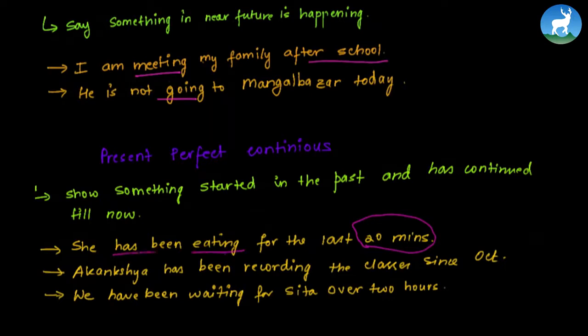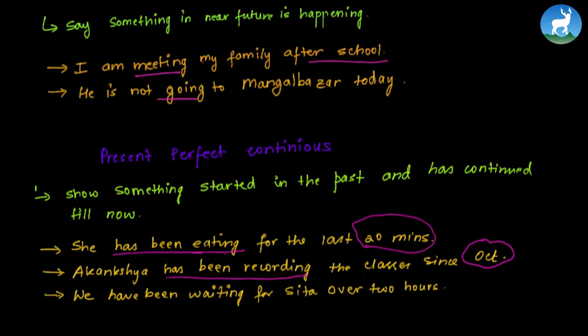So we use the present perfect continuous tense. Another example, Akankshya has been recording the classes since October. Akankshya started recording the classes from October and she is still recording the class. So we use the present perfect continuous tense.